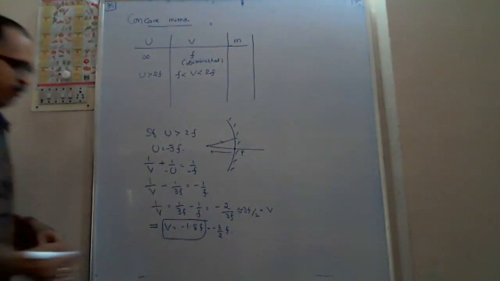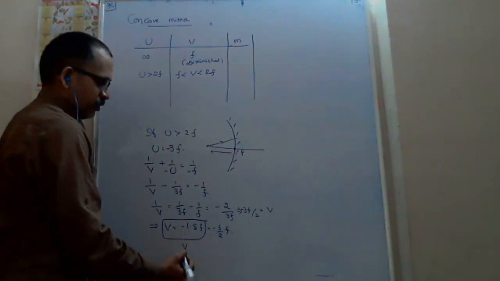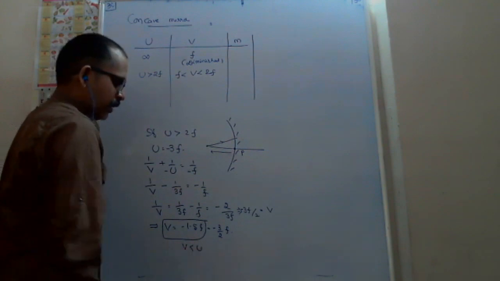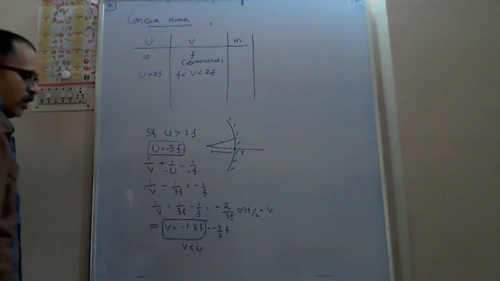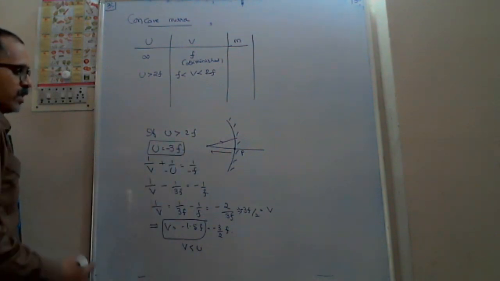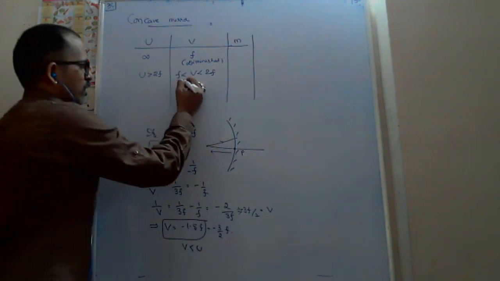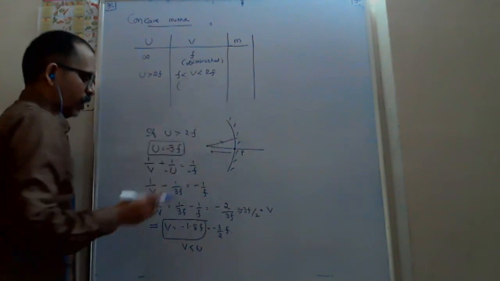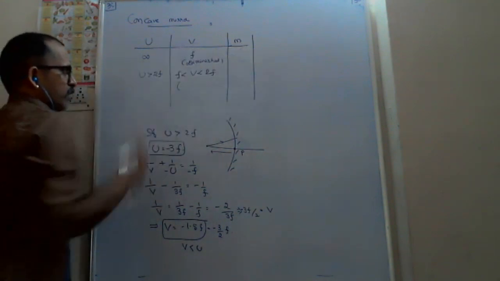But if you see here, v is 1.5f, which means less than u. U is 3f. Less than u means, what can you say, whether it is diminished or enlarged? To say that, we see the magnification.